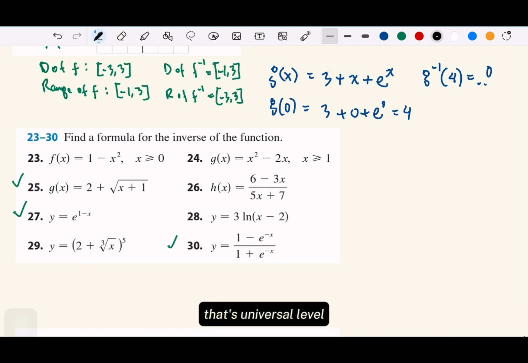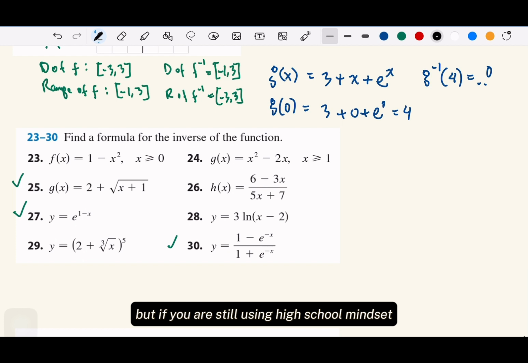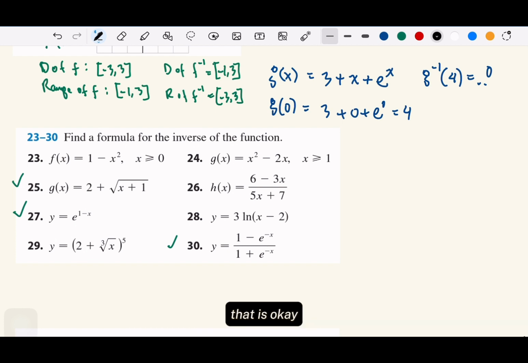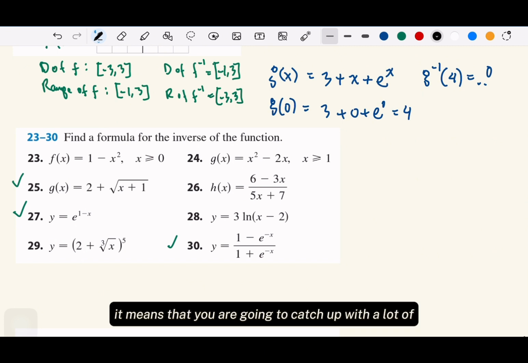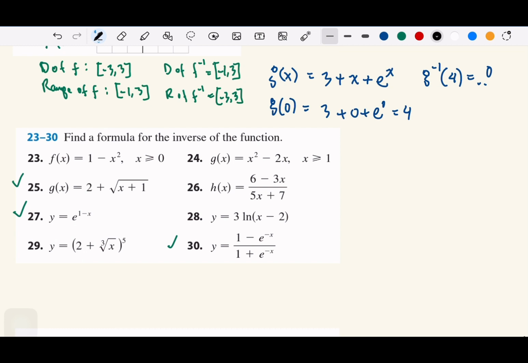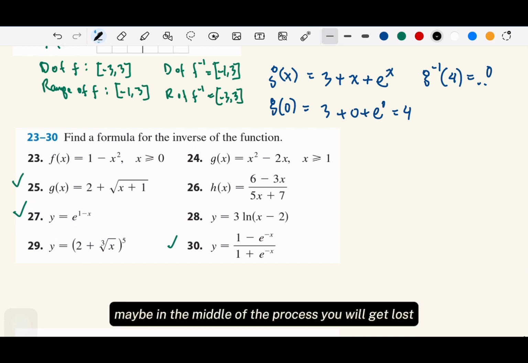That's university level. But if you are still using a high school mindset, where you are dependent on your teacher, it means that you are going to have to catch up on a lot of content by yourself. And if you are not realizing that, maybe in the middle of the process you will get lost.